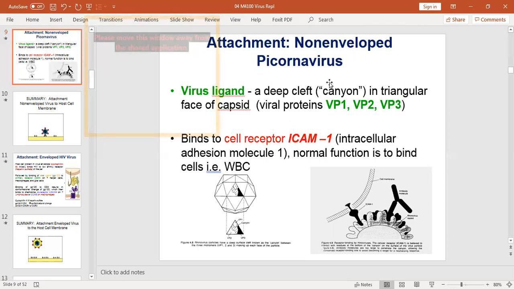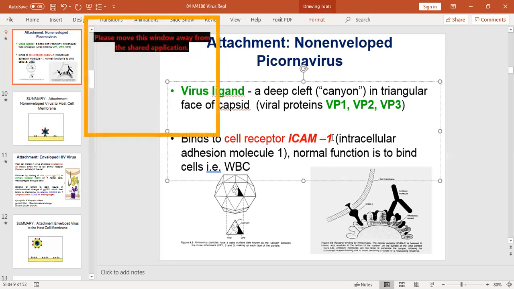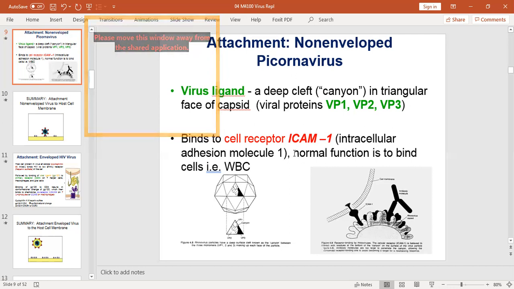This ligand interacts with a host cell receptor called ICAM1. And ICAM1, as I mentioned previously, stands for intracellular adhesion molecule, and it's expressed by white blood cells, so its normal function is to allow the white blood cells either to bind together or bind to the endothelial layer of the host cell.